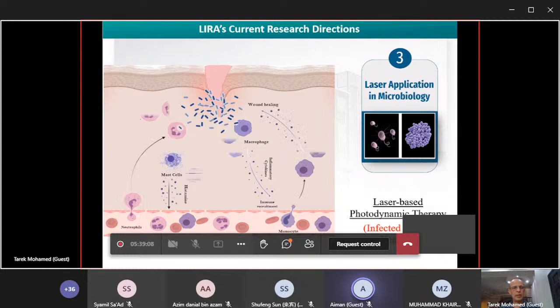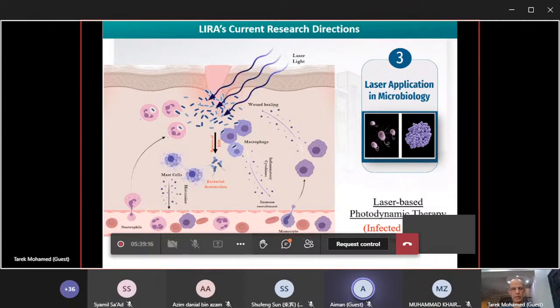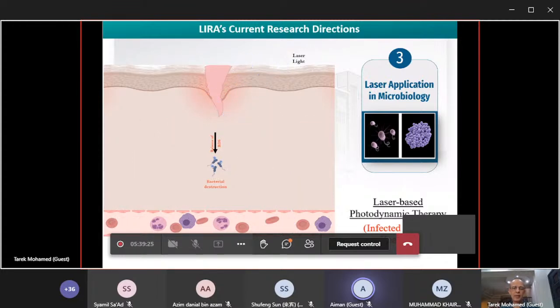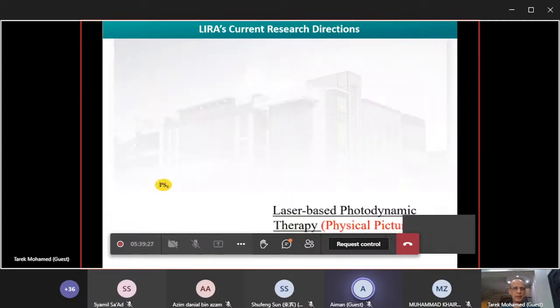So the light has two benefits. One of them is killing the bacteria, and the other thing is to induce or speed up the healing. So we did this extensively at the institute.